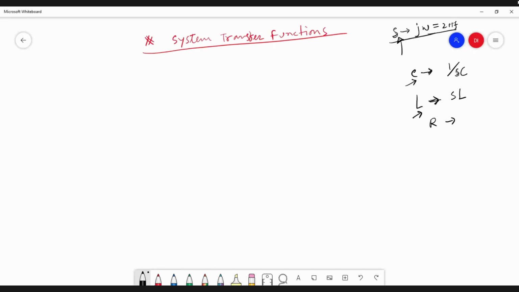Considering this, we can find one: voltage gain, V output by V input. This is one kind of transfer function. Or it can be current gain, I output by I input.